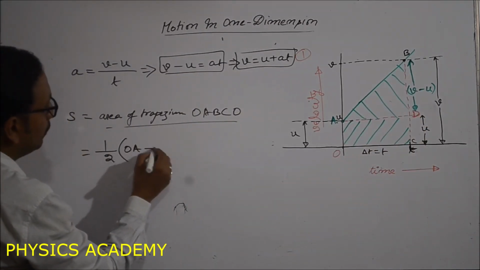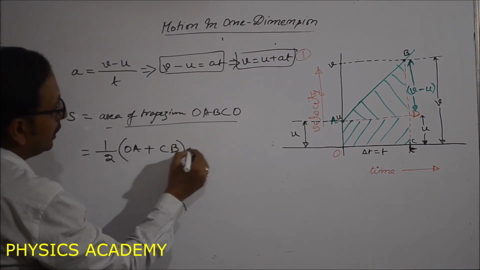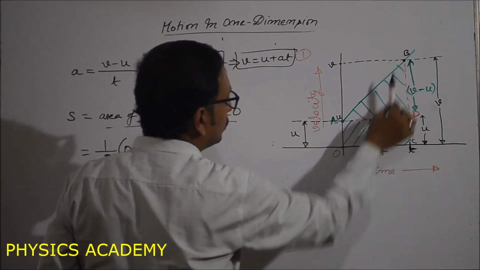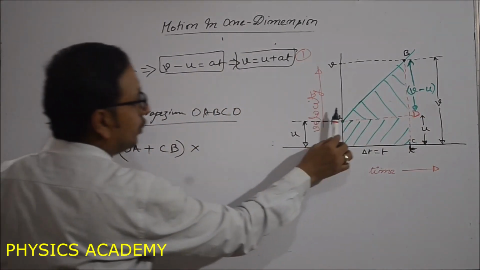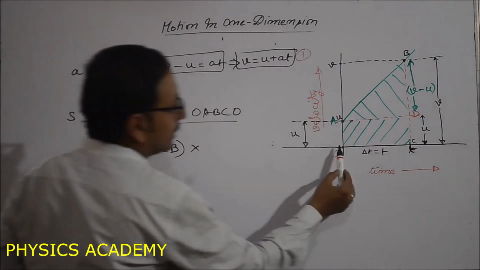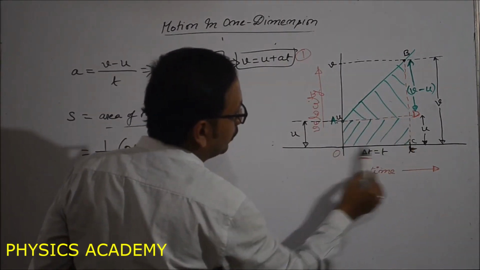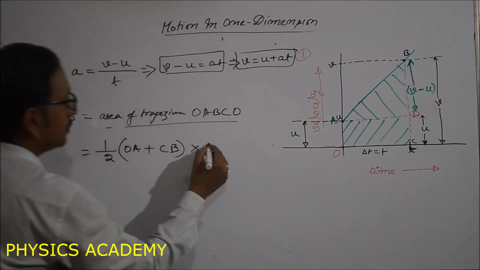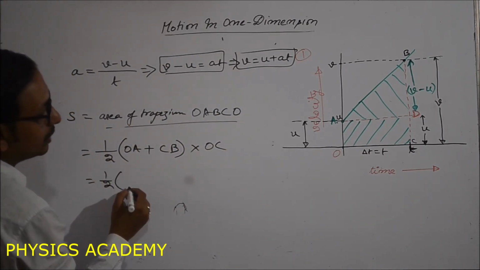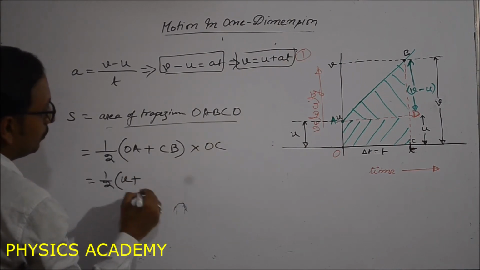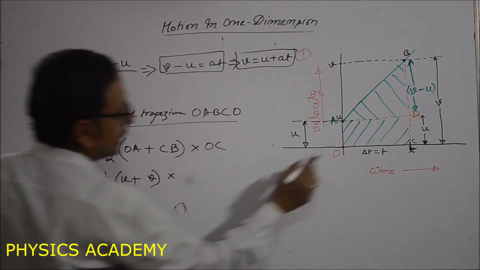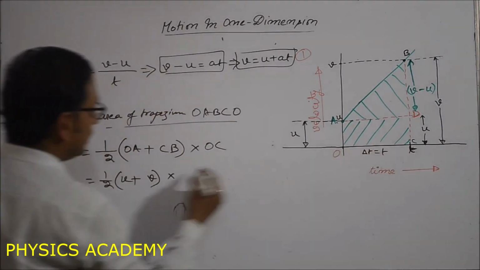So OA plus CB, the summation of the parallel sides, into the height. If you see the trapezium, the height is this one only. OC is your height. So half OA plus CB into OC. OA is u, CB is v, and OC is t.